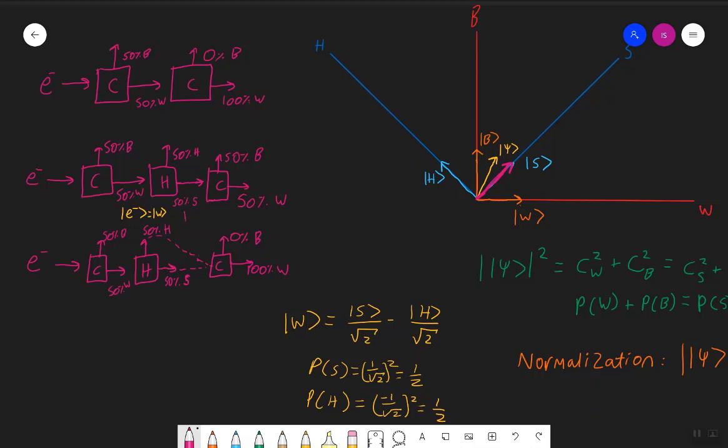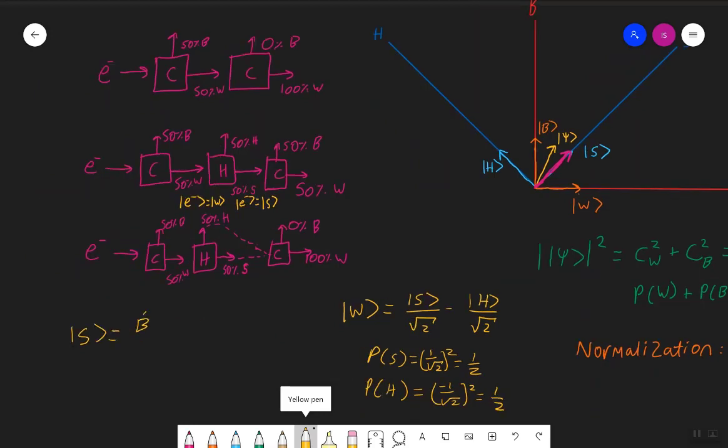So after this step, we know that the state of the electron is the soft unit vector. Okay, but now we want to measure the color again. If you take the soft unit vector, we know that the soft unit vector is the black unit vector over root 2 plus the white unit vector over root 2.